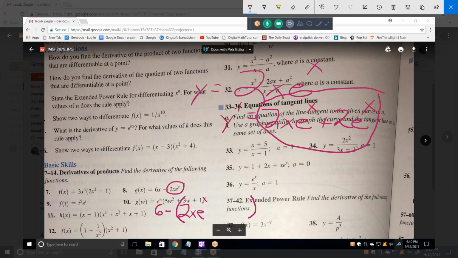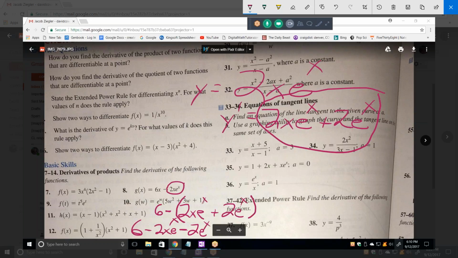In other words, what's in the parentheses is the derivative of 2x e to the x. And now you can kind of see why the parentheses are so important. Because when I remove them, I get 6 minus 2x e to the x minus 2e to the x. If I didn't have those parentheses in there, that plus sign is going to mess me up.